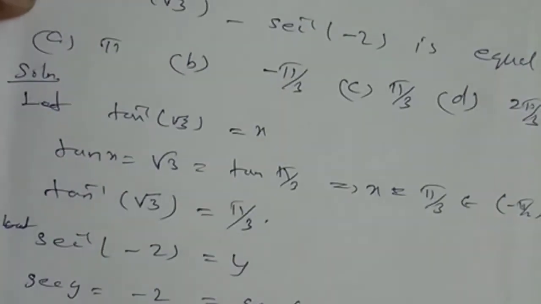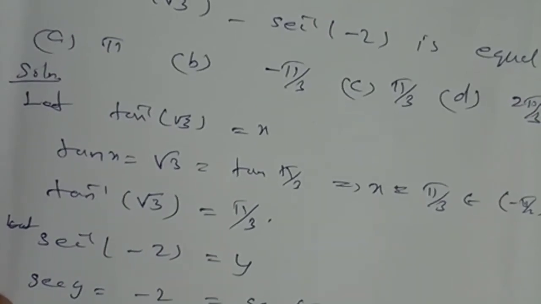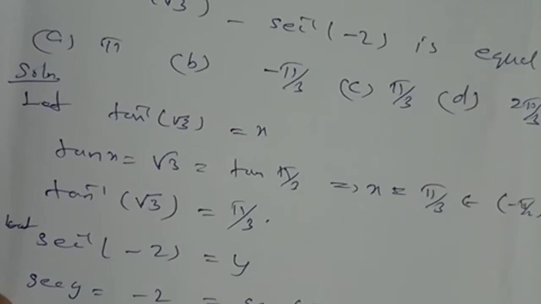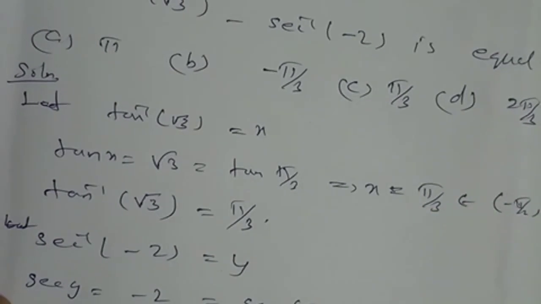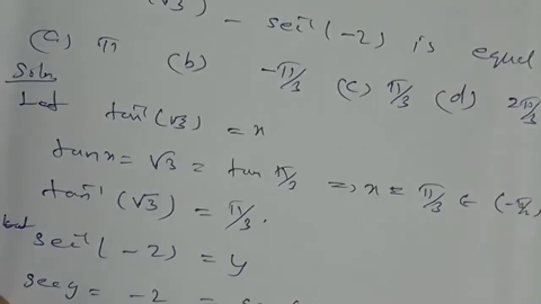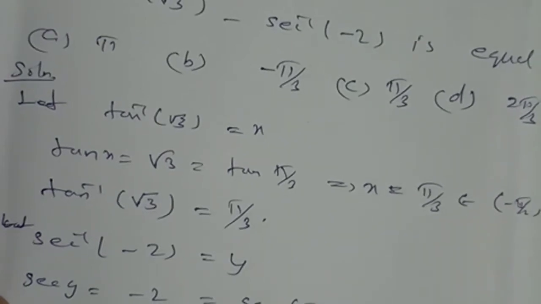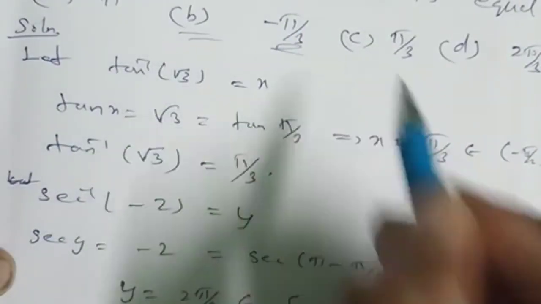Hence tan inverse of root 3 minus secant inverse of minus 2 is equal to pi by 3 minus 2 pi by 3, which is equal to minus pi by 3. So the correct option is B.